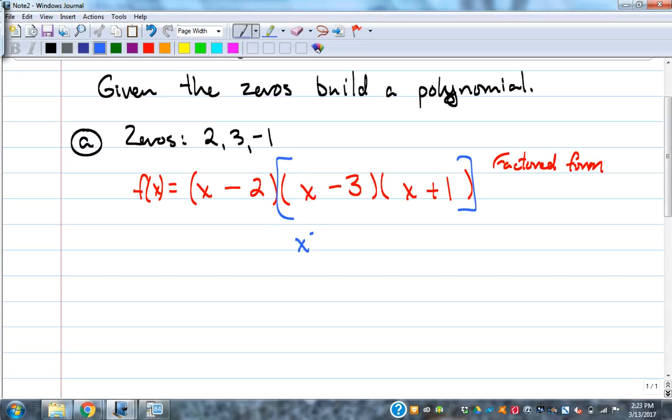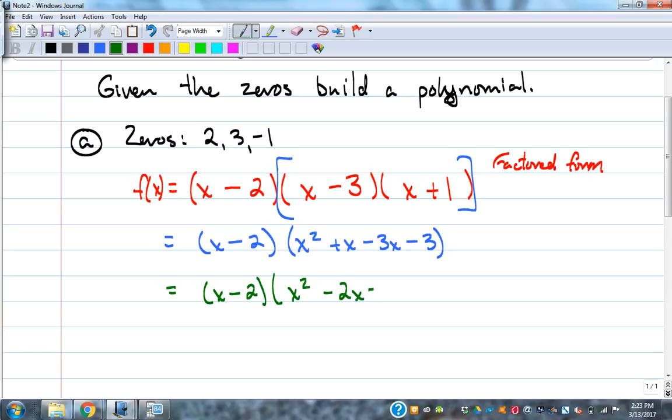So that'd be x squared plus x minus 3x minus 3. I haven't done anything with the x minus 2 yet. I'm going to simplify that, and get x squared minus 2x minus 3.